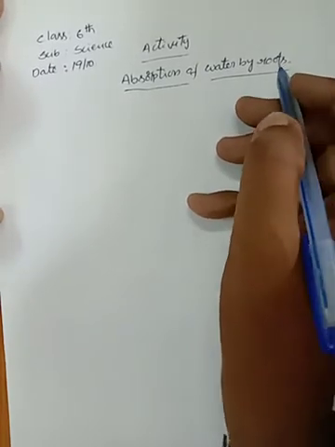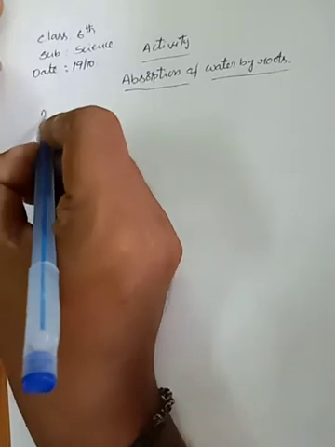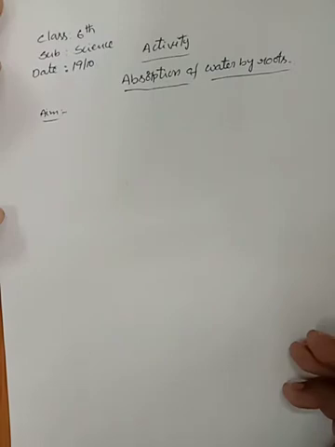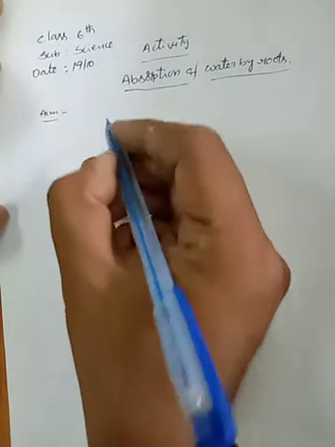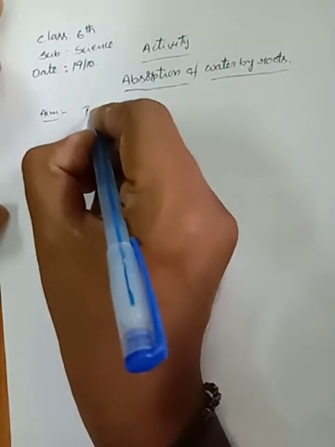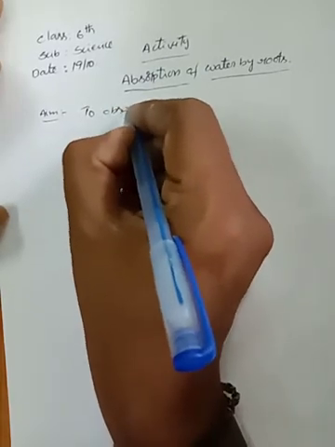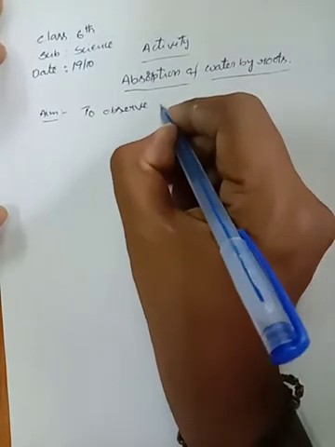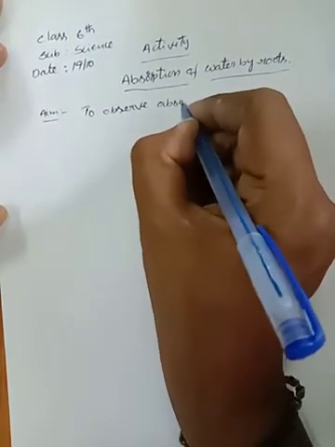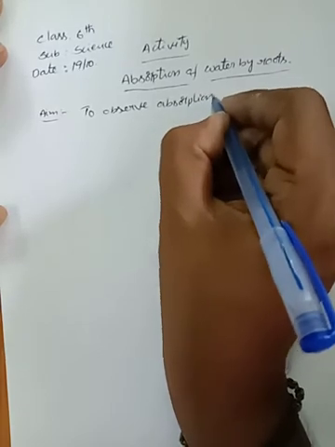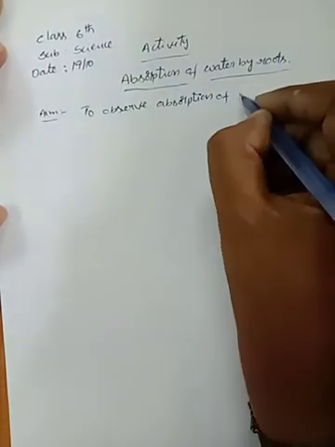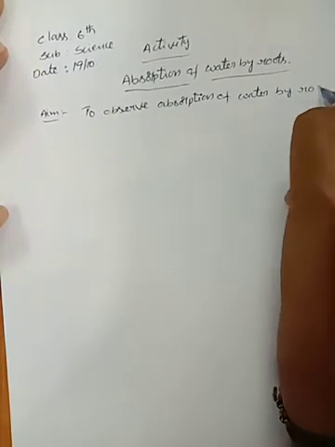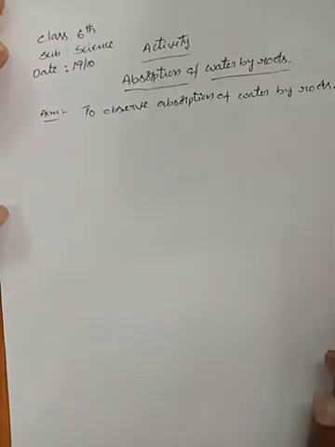First of all, we write the aim of the activity. What is the aim of the activity? To observe absorption of water by roots.